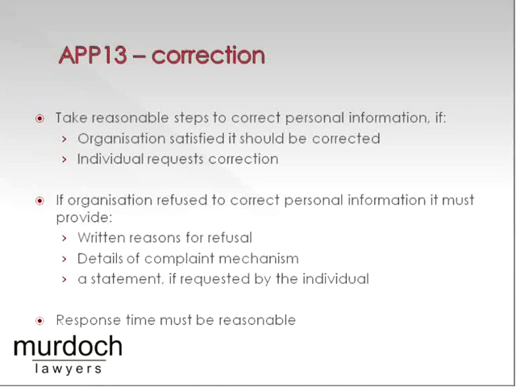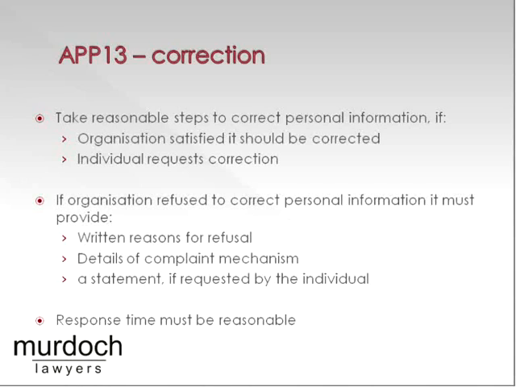APP 13 deals with correction. So an organisation must take reasonable steps to correct personal information if the organisation is satisfied that it should be corrected, or if an individual requests its correction. Now, if an organisation refuses to correct personal information, it must provide written reasons for why it won't correct the information, set out the details for the complaint mechanism again, and a statement if it's requested by the individual.